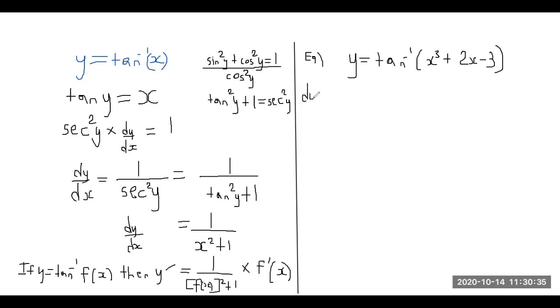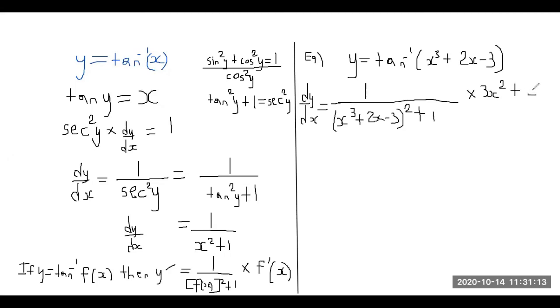Then dy by dx is going to be equal to 1 divided by f of x all squared, where f of x all squared is x cubed plus 2x minus 3 all squared, plus 1, times your f prime of x, and your f prime of x is 3x squared plus 2.